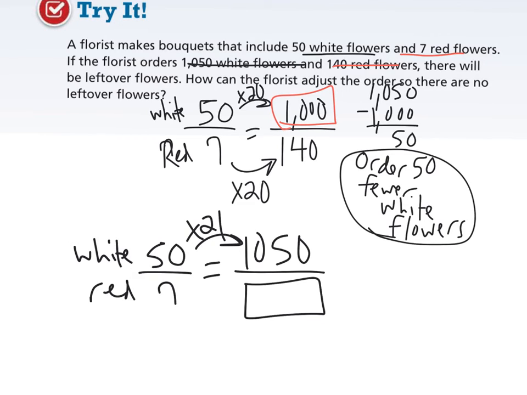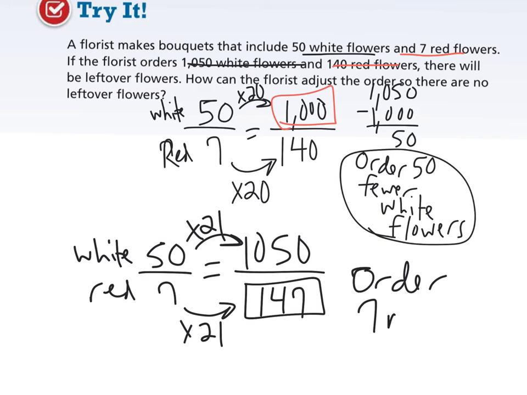If you take 1,050 divided by 50, you get 21. So 7 times 21 would be 147. So we were going to get 140 red flowers. If we get 147, that would be ordering 7 more red flowers. So a couple different options how we could get that to work.